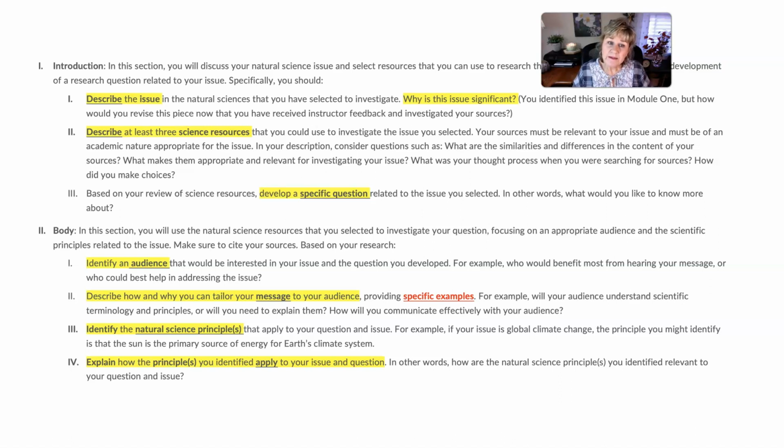Describe your 3 scientific resources or references that you have. Now what's important about this is that you tell me what you learned from your sources. Don't just tell me what they are. That's not enough. You've got to tell me what you learned. This would be like when I did research a long time ago when we had card catalogs and you actually went and read books and journals and stuff.